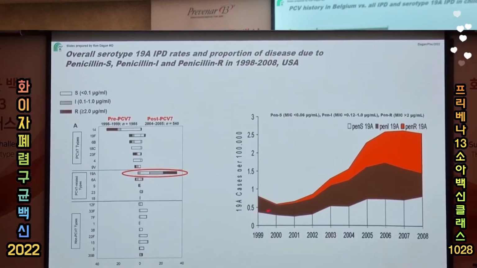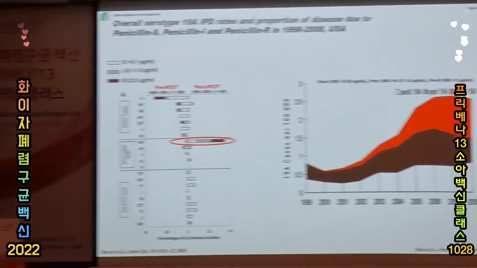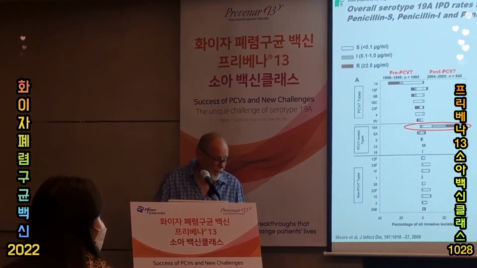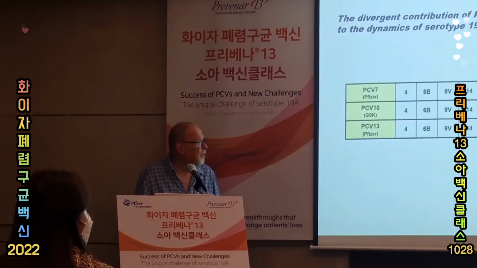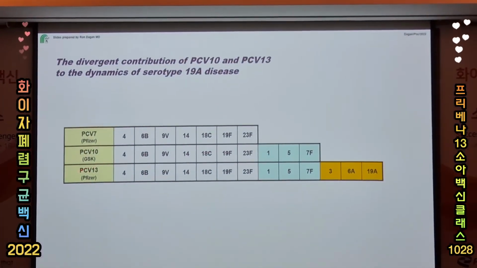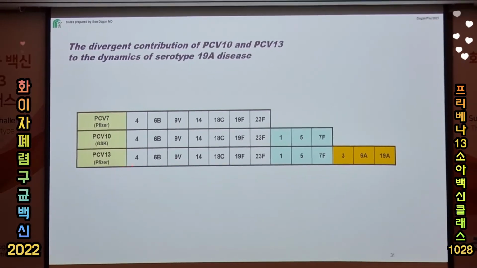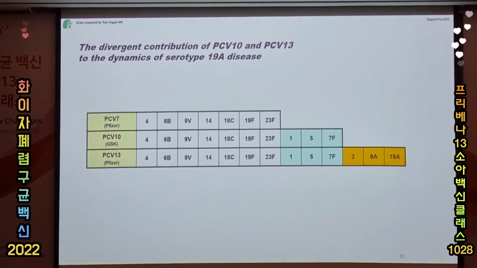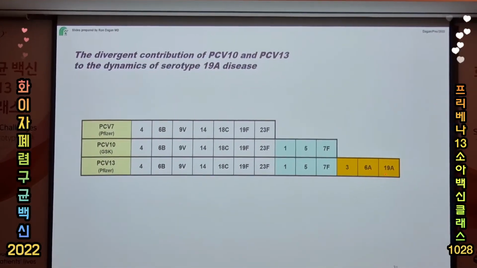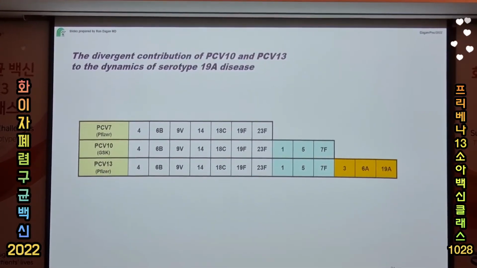United States. So you see the 19A go up in the United States, but becomes more and more antibiotic resistant. So this spelled trouble. It needed to be solved. So the two vaccines that came after was PCV10 or Synflorix, and the PCV13 or Prevnar 13, and you can see additional serotypes, but most important, 19A is here, it's not in the others.